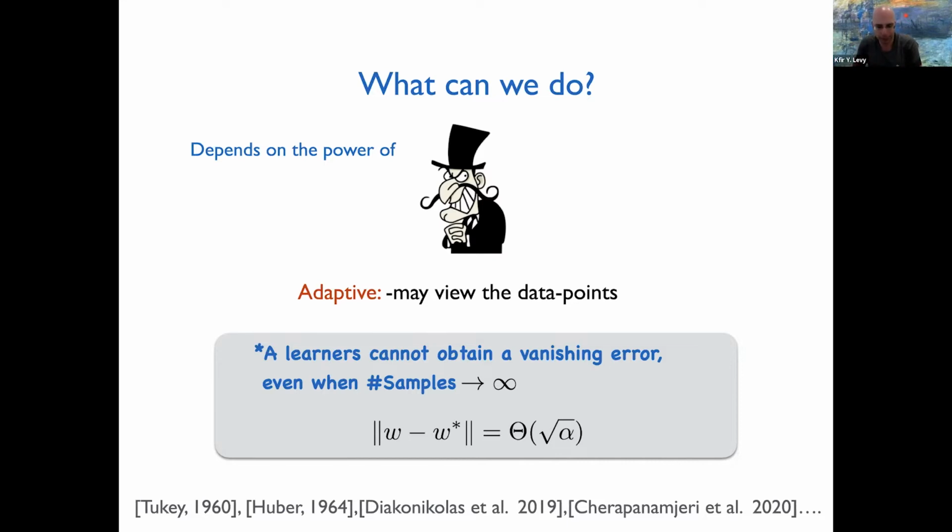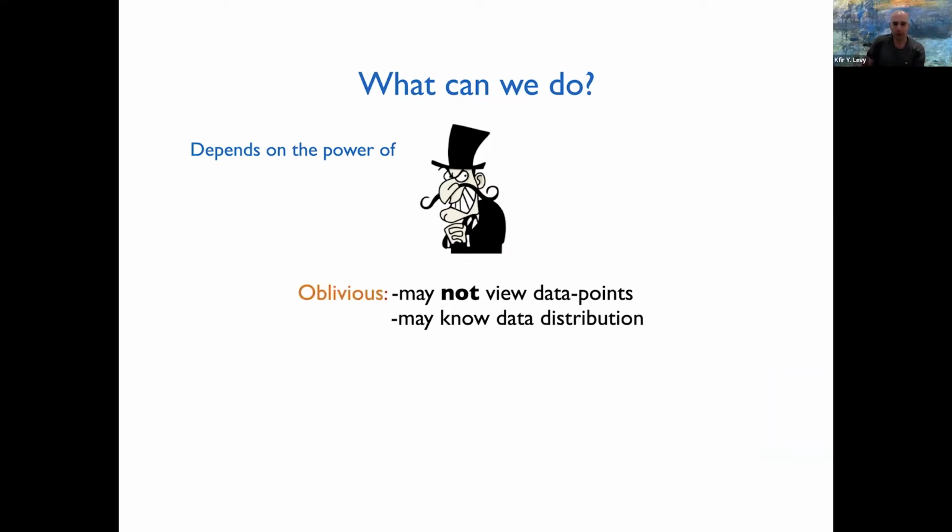And these works and some other interesting works from 2019 and 2020 have explored and provided non-asymptotic guarantees for this setting. But actually, this kind of adversary is not the focus of what we're going to discuss today. We are going to focus on weaker adversaries, which are called oblivious adversaries.